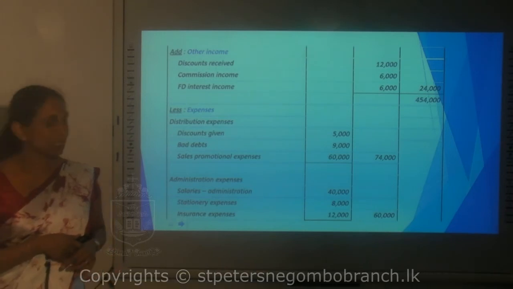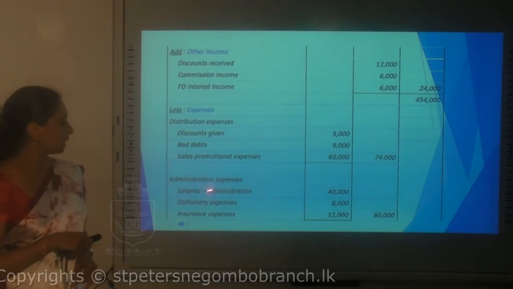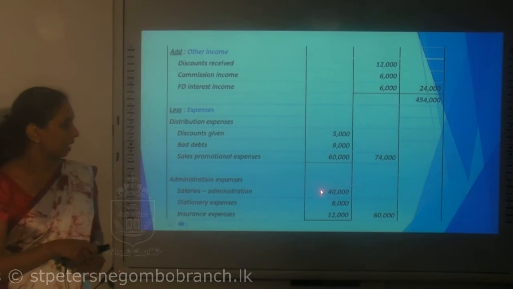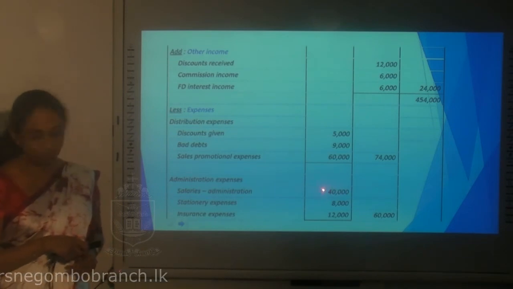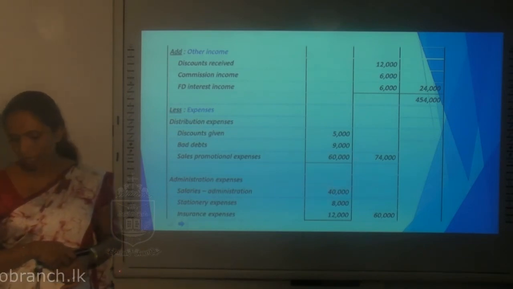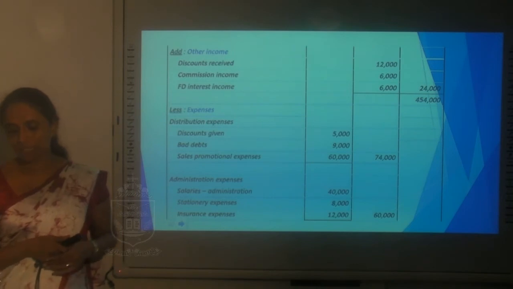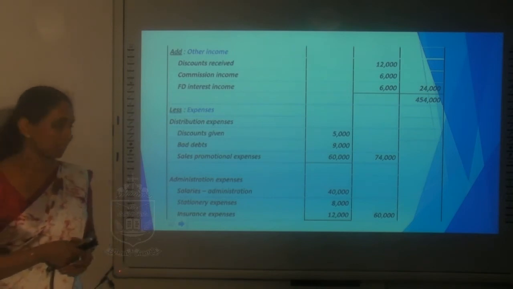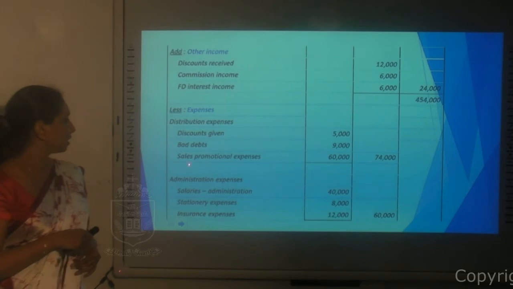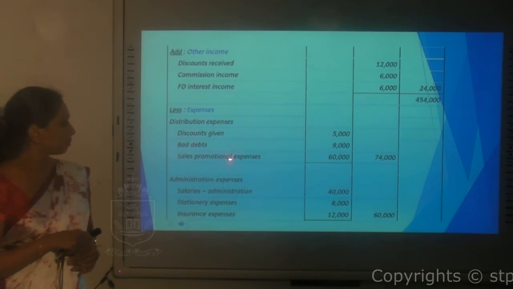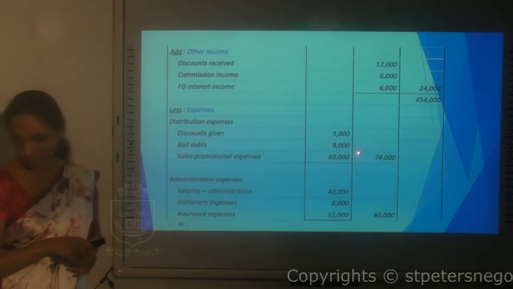Then we have the administration salaries. It comes under administration expenses, mentioned as 40,000. Then we have the sales promotional expenses, again related to distribution expenses, so we have the sales promotional expenses here as 60,000.